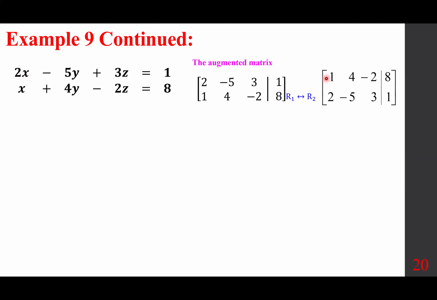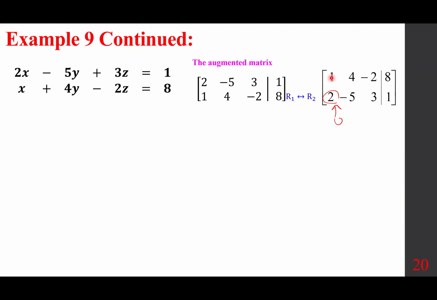The second step is to make this guy 0. So how do we do that?